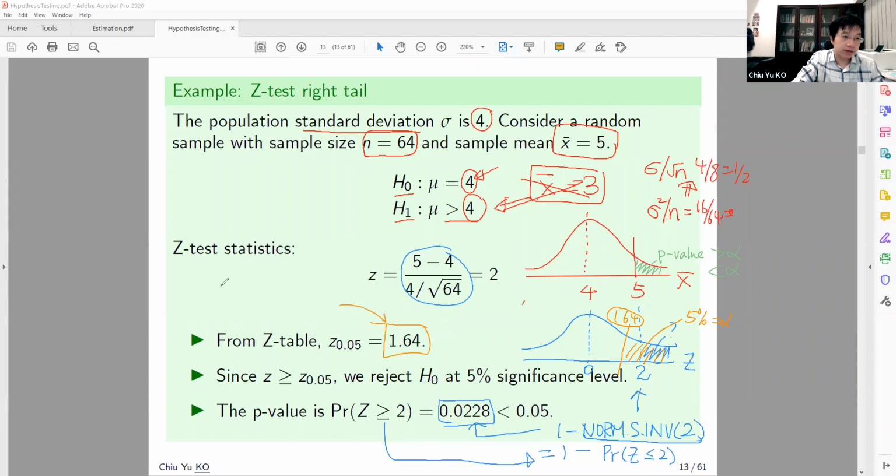This is coming from NORM.S.INV of 0.95, because 5% on the right is 95% on the left. Then if this number is less than this number, which is 2, we reject at the 5% significance level. Is that okay?